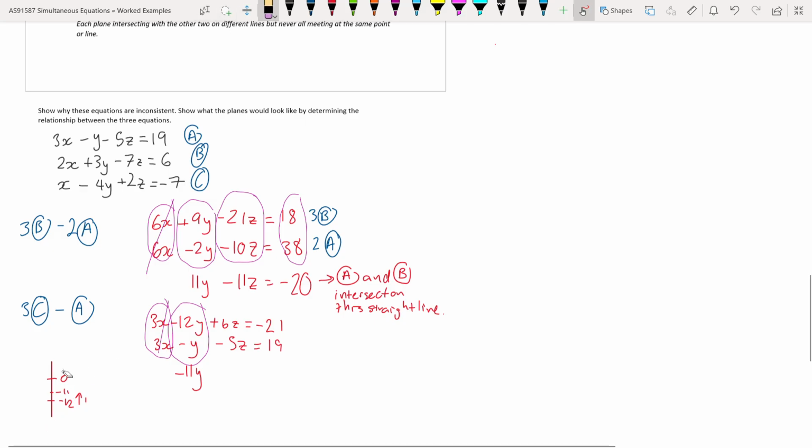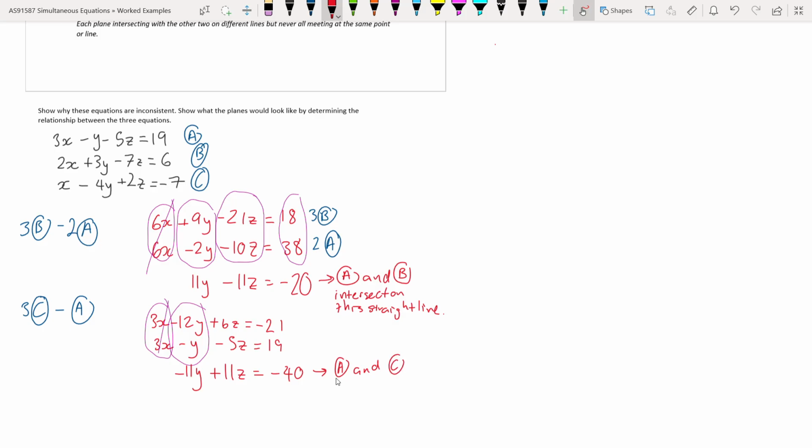So just in case that did not make any sense, calculator is what you should use if you're really stuck. 6 subtract negative 5 again goes up the number line, that's positive 11z. Negative 21 subtract 19 takes you to negative 40. This bit here tells you that A and C intersect on this line.